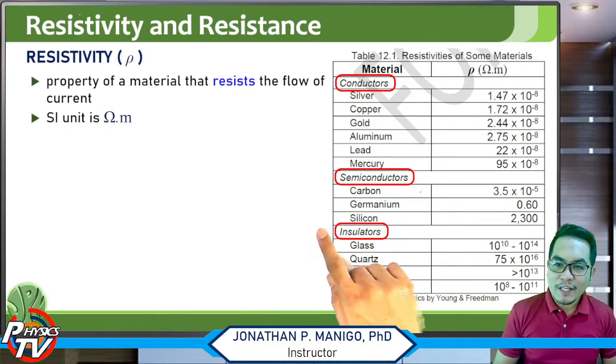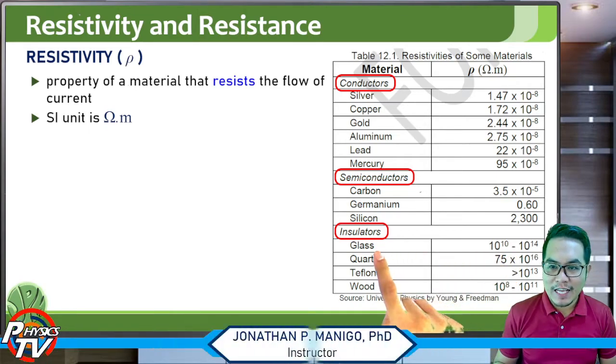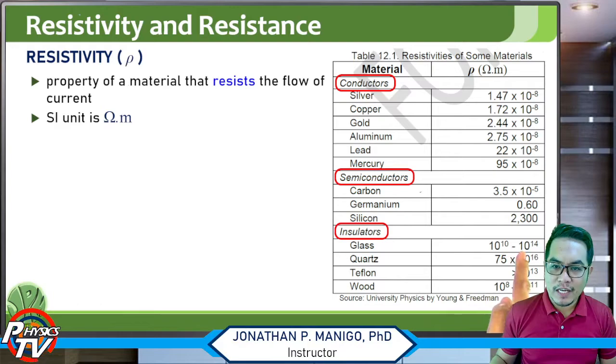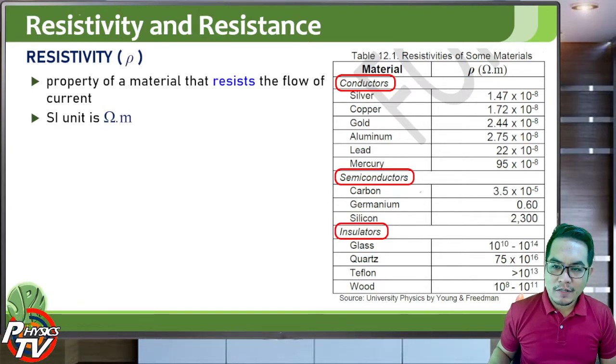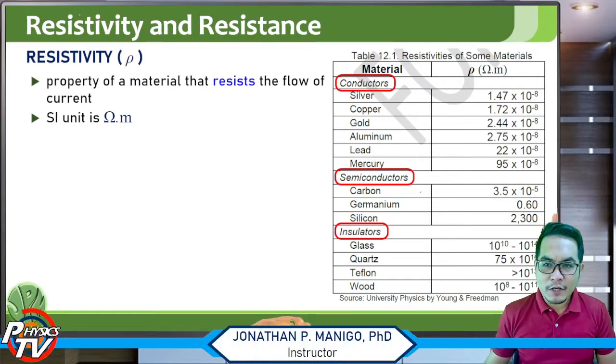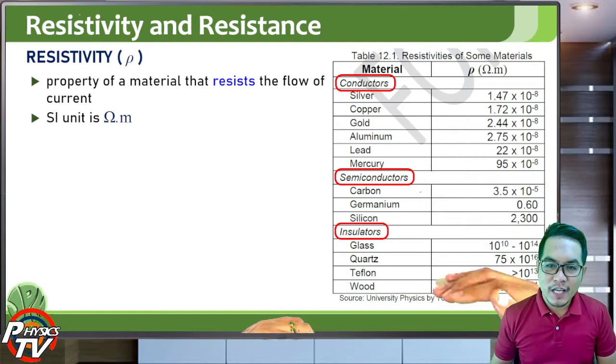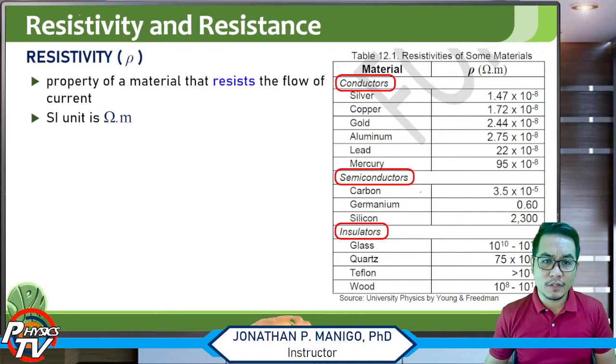Insulators have very large resistivities. Glass can have resistivities up to 10 to the 14. Wood can have resistivities up to 10 to the 11. And then you have the in-between, semiconductors. Semiconductors have resistivities in between insulators and conductors.